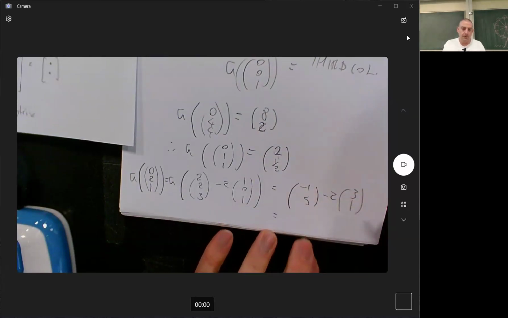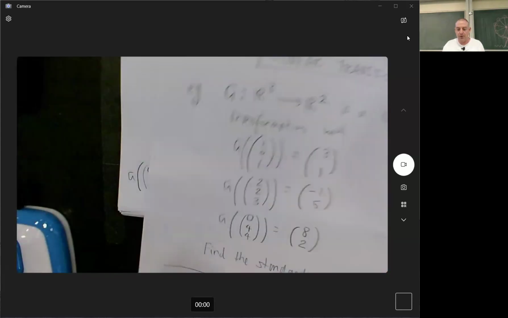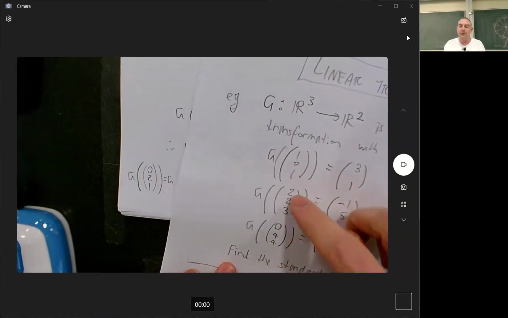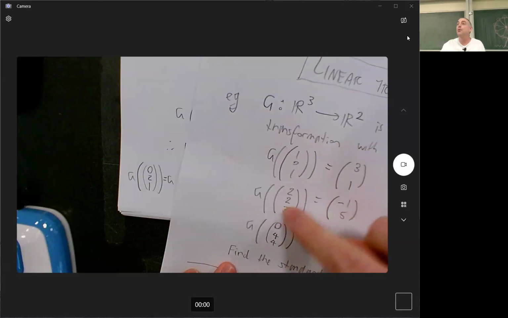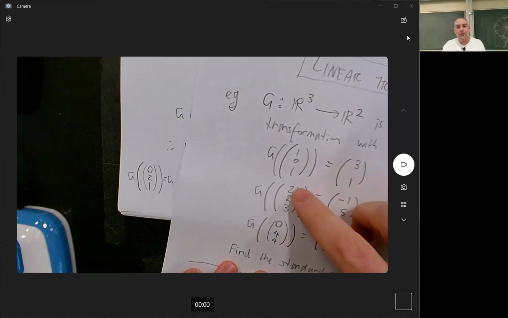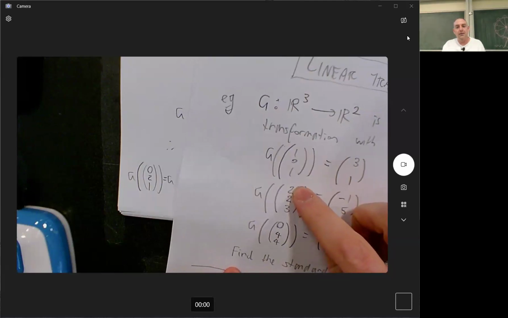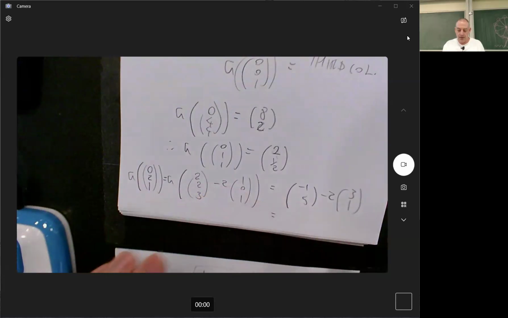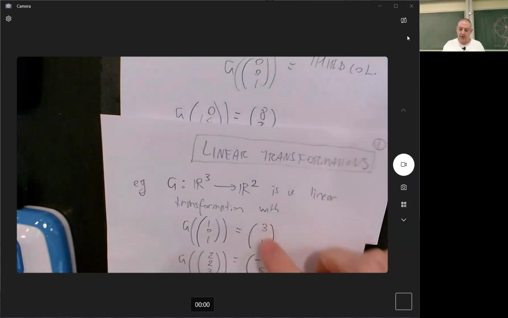So what I've done here is I've tried to combine these somehow by getting rid of, to try and make one of these coordinates go away, because I need to get more and more zeros, basically. So I'm going to make the first coordinate go away, and that would mean I have to take off 2 of these. And so that's how I've done that. And then I've done the same combination of the answers.